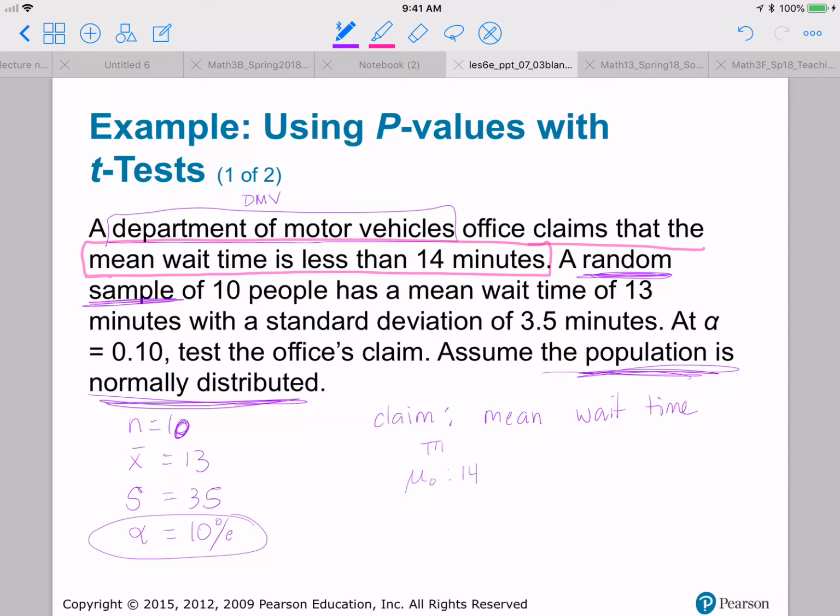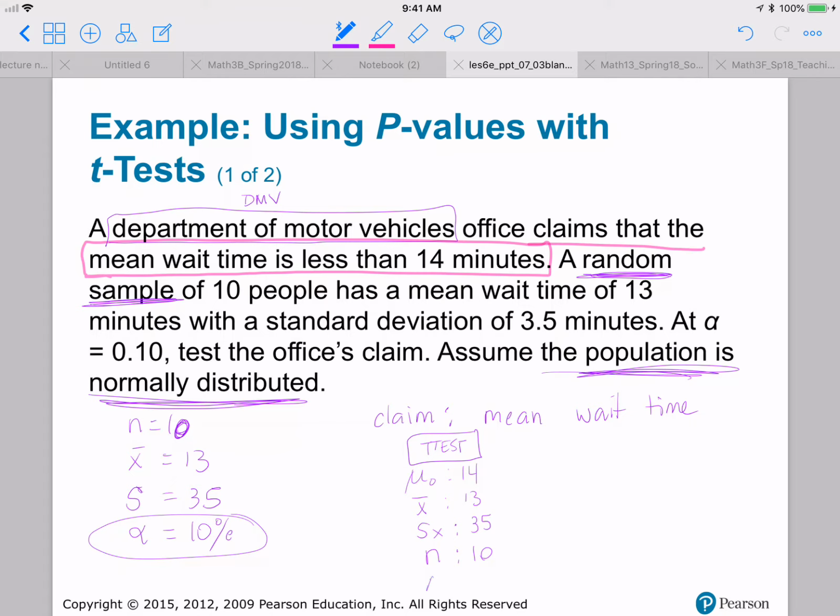So this is for the t-test. Mu naught is 14. My x bar, I'm going to put 13. My sx, that's the same as s, so I'm going to put 3.5. For my n, I'm going to put 10.